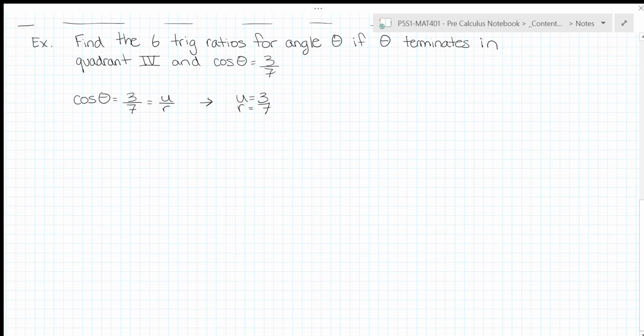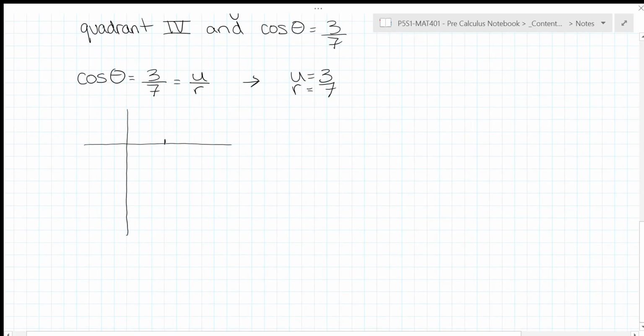So to help us do that, let's sketch this angle theta. I'm telling you it's terminating in quadrant 4 here. So draw a sketch where I have quadrant 4. And I know that my u is 3. Zoom in on this a little bit. And my radius is 7.